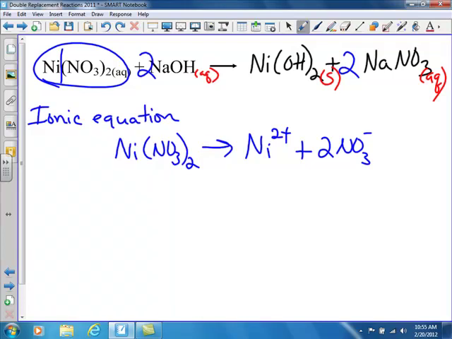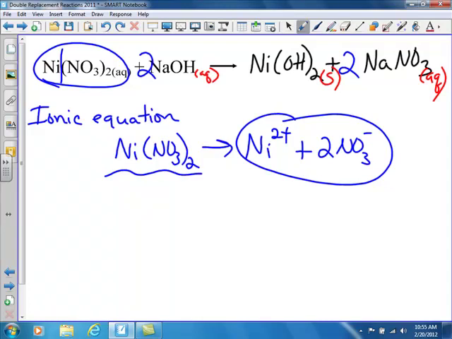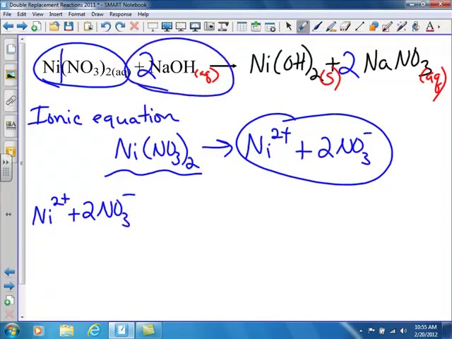But when I write this ionic equation, this is actually all I need to write. So I'm just going back a little bit to the last solubility chapter that we did. All I'm doing is taking this compound and breaking it into those ions, but we're doing it all in our heads. So I write Ni2 plus, 2NO3 minus. And then I'm going to take this and do the exact same thing, but we're doing it in our head.